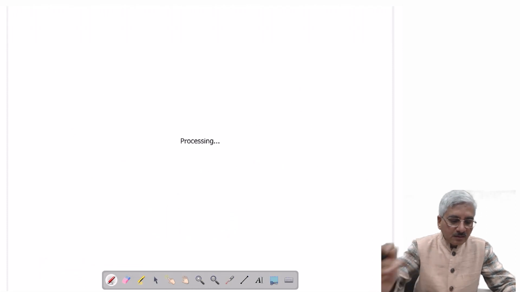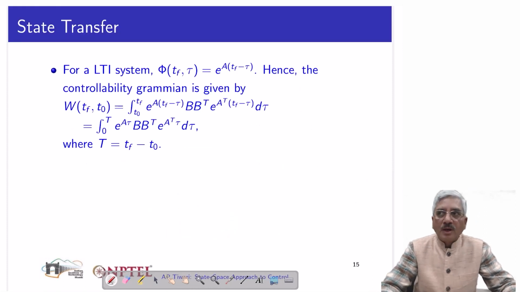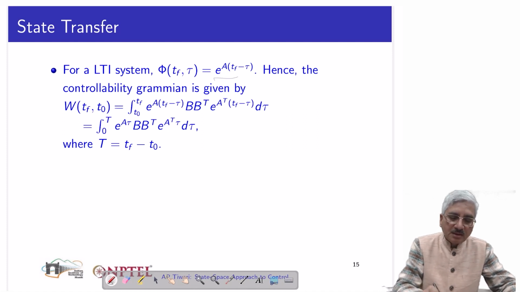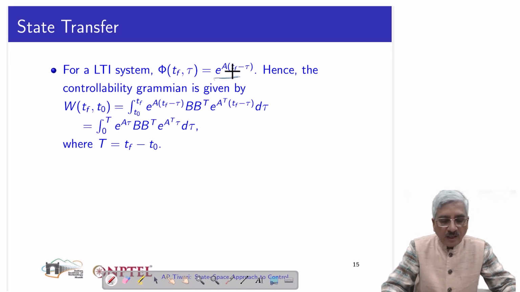Now we see what happens in the case of a linear time invariant system. The state transition matrix in the case of a linear time invariant system is given by the matrix exponential: phi(t, tau) is e^(A(t - tau)), and phi(tf, tau) is e^(A(tf - tau)).